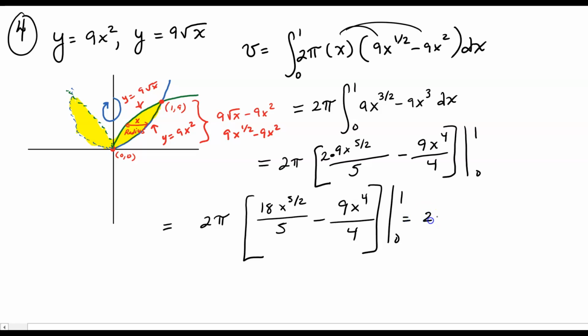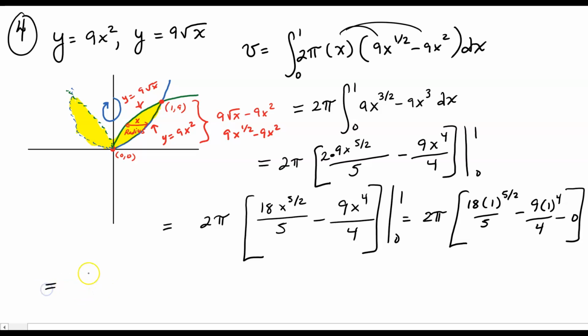So we're almost done here. We have 2 pi. We're going to have 18 times 1 to the 5 over 2 divided by 5 minus 9 times 1 to the 4th divided by 4, all minus 0, because that's what you get when you plug in 0 into both of those.